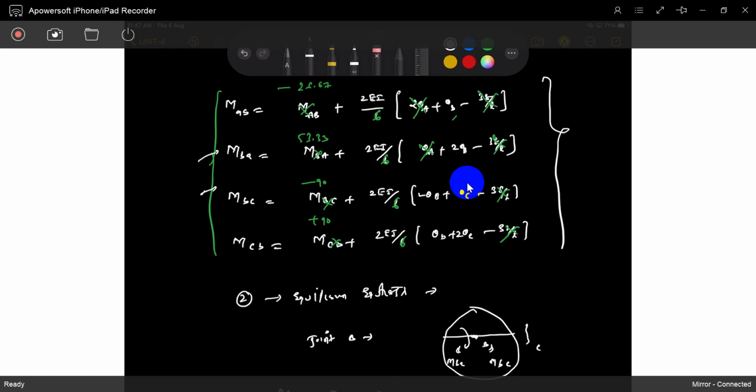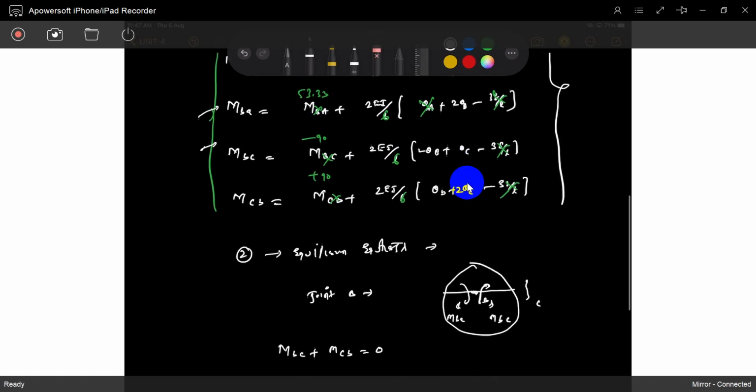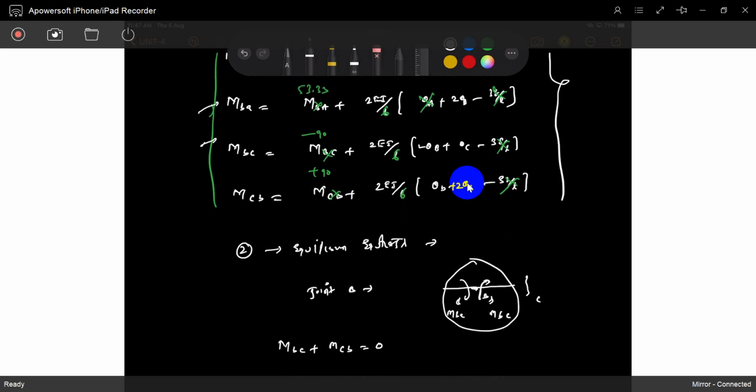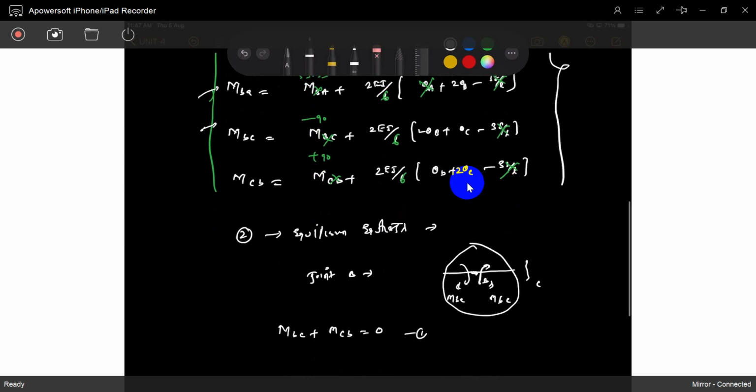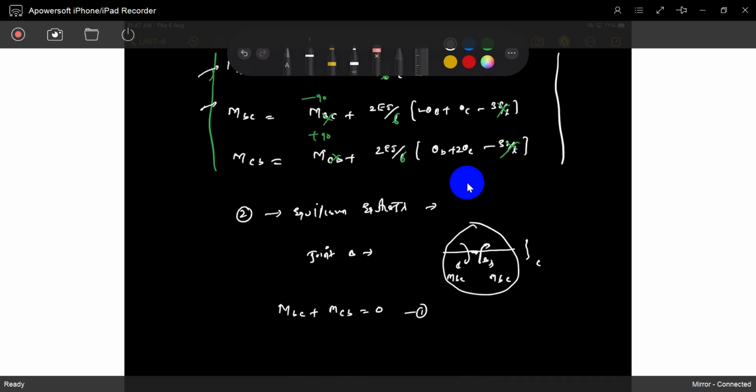This is clockwise, this is also clockwise. So MBA plus MBC is equal to 0, because the joint is in equilibrium. Every joint, every point is in equilibrium. So that is one equilibrium equation. Second equilibrium equation, joint C.